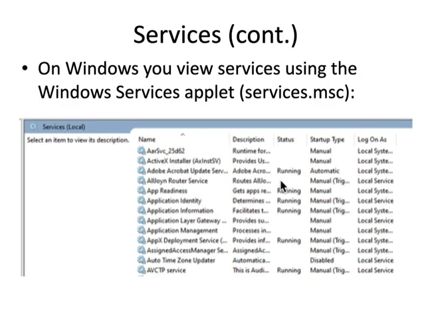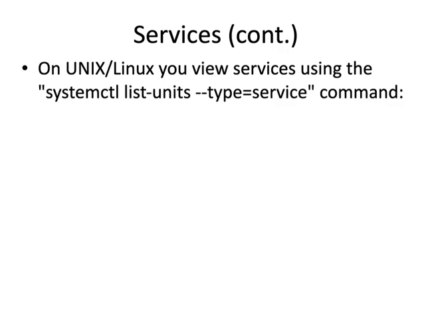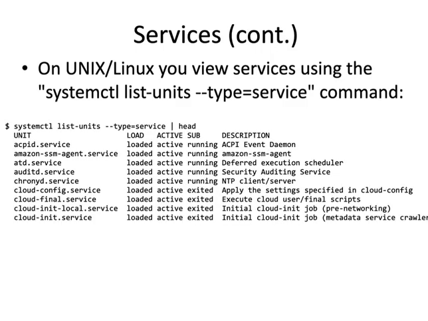Here's an example of a screen grab of a portion of the Windows Services applet running. On Unix, the closest equivalent that we have is systemctl list-units --type=service. If I issue that command on a Unix machine, this is the output I get. So a lot of the same information.